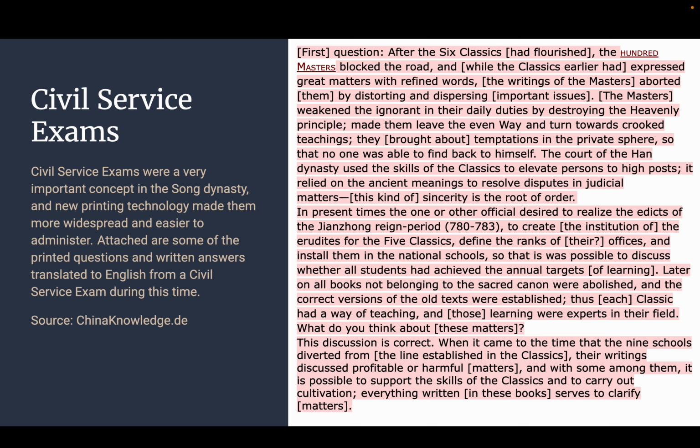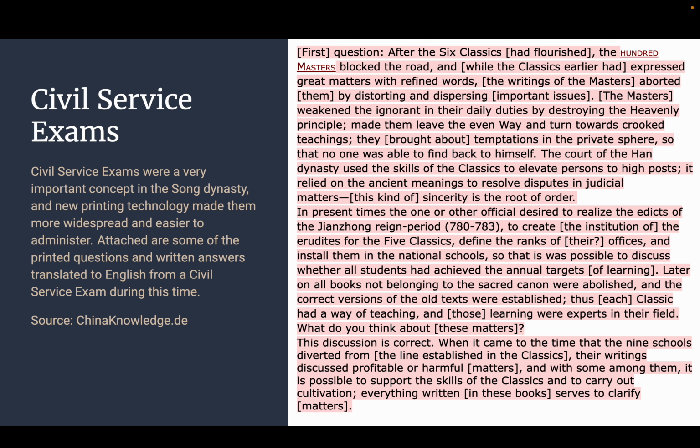Finally, I have a primary source of some examples of questions in a civil service exam. Civil service exams, as I mentioned earlier, were a very important concept in the Song dynasty, and new printing technology made them more widespread and easier to administer. I've attached what I could find of a translation of a civil service exam, and it's basically just some of the questions and the answers that were given.